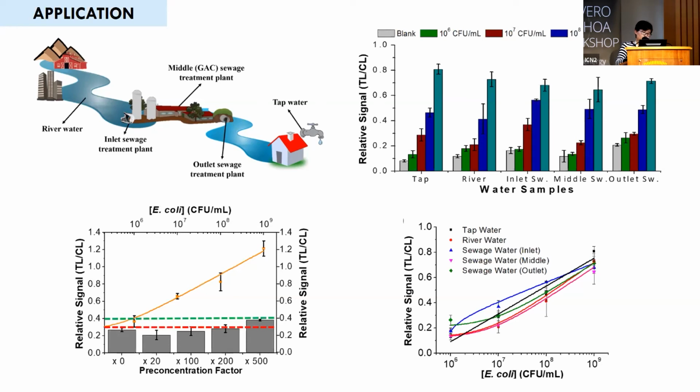In the real samples, we tried different pre-concentration factors: 20, 100, 200, and 500 times. We found that when we concentrated 500 times, we could reach the limit of detection of these strips. This proves that it can realize real sample detection.